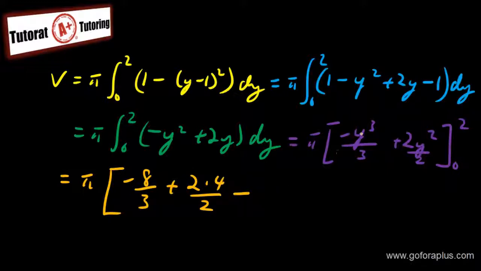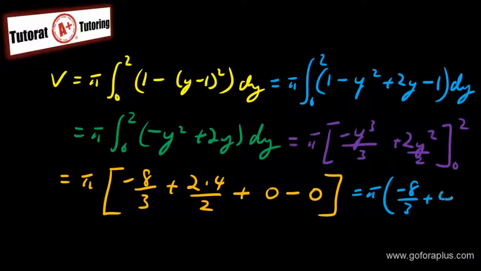And then subtract becomes a plus, and then plugging in 0 gives 0, and the other one will also be 0. So I have pi times minus 8 over 3 plus 4.